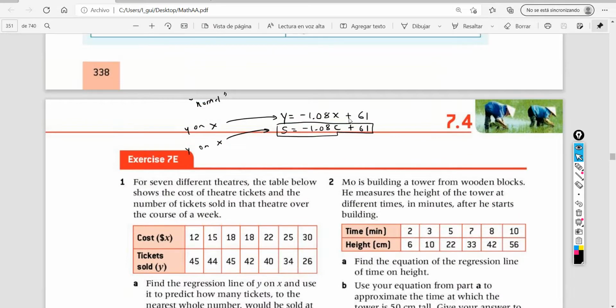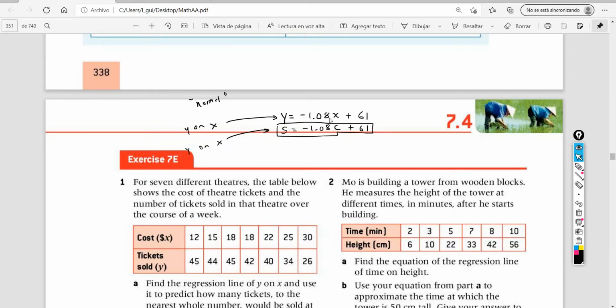Okay, so this is the y on x regression line. And you may be tempted, you may be thinking that you can actually use it in order to predict not just y on x, but also x on y. For example, algebraically speaking, yes, we can actually give any number here on y, and we can solve for x, right?